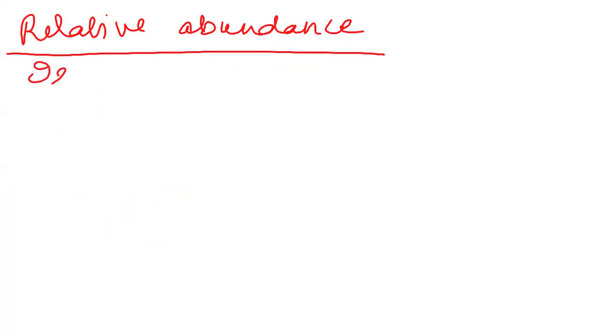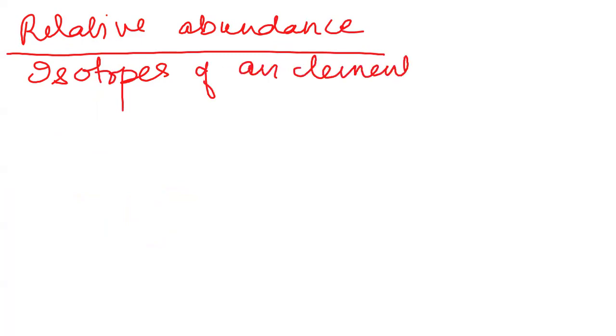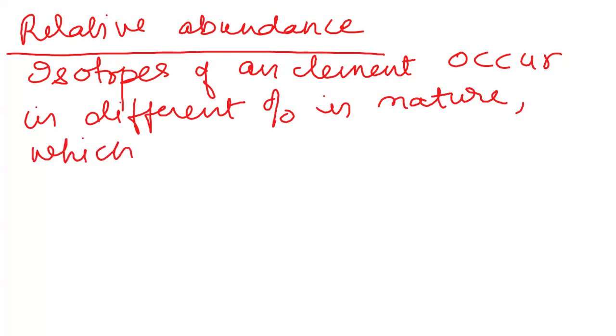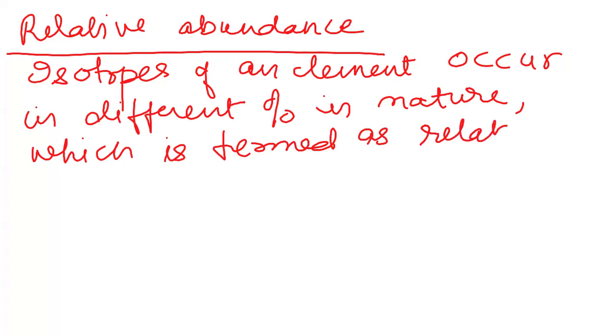See, isotopes of an element occur in different percentages in nature, which is termed as relative abundance.